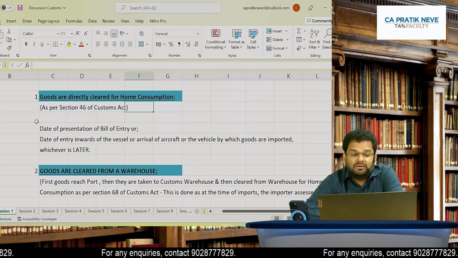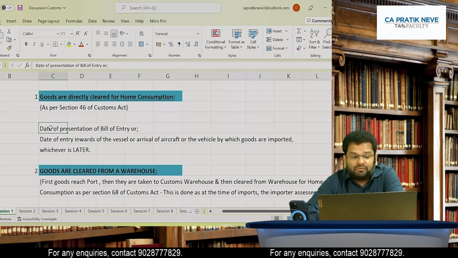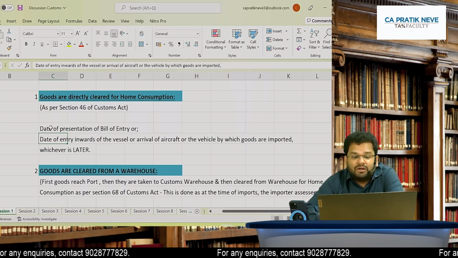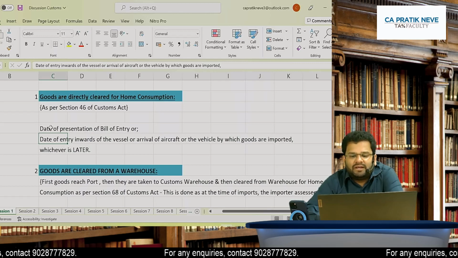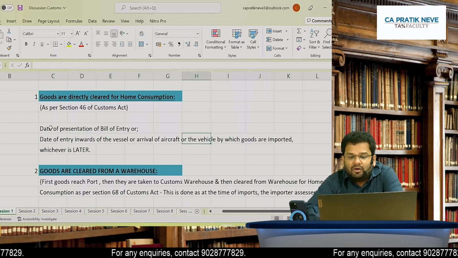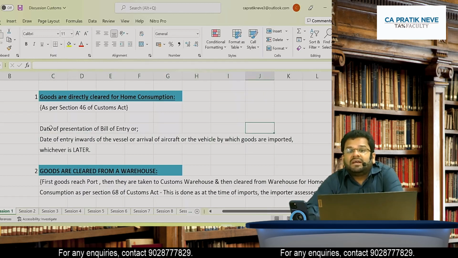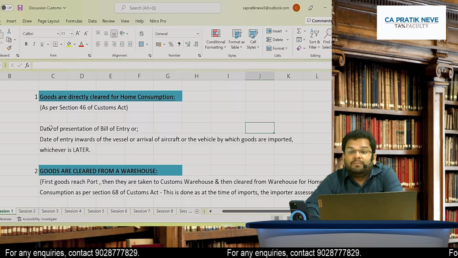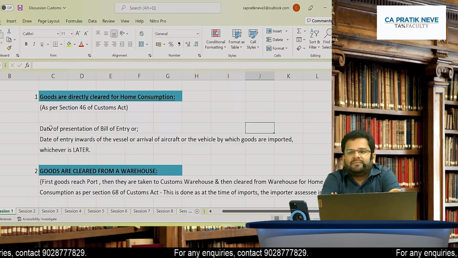So what he will check, he will check when he is presenting the bill of entry or when exactly is entry inwards of vessel or arrival of aircraft or vehicle by which goods are imported. Of these two dates, he will take whichever is later, and as on that date will be checked the percentage of basic customs duty.